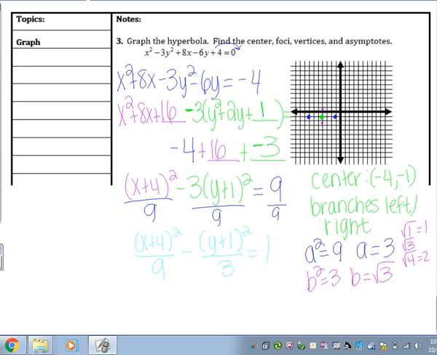All right, next up we're going to make the box. And again, I'm going to go solid. That'll allow us to connect, and then we can draw our branches here, going right and left.